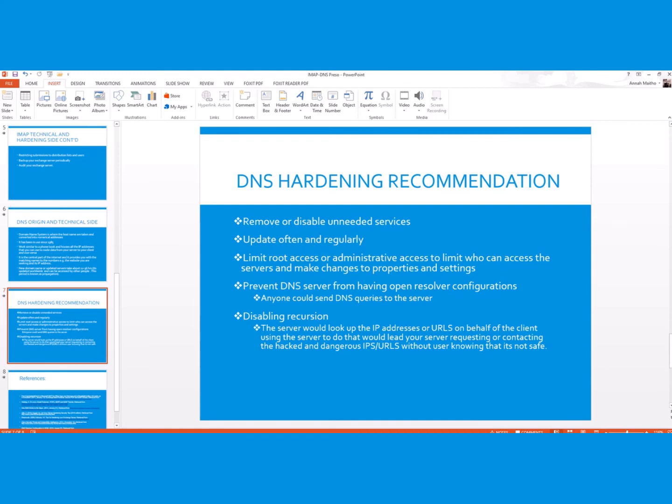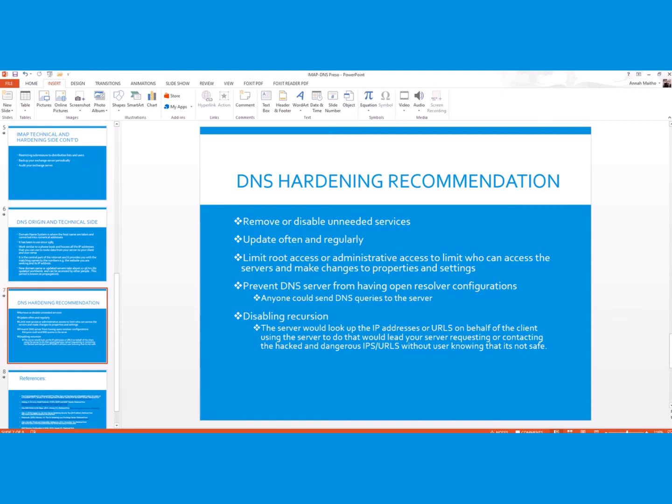Prevent DNS server from having open resolver configurations. That is, anyone who could send DNS queries to the server.